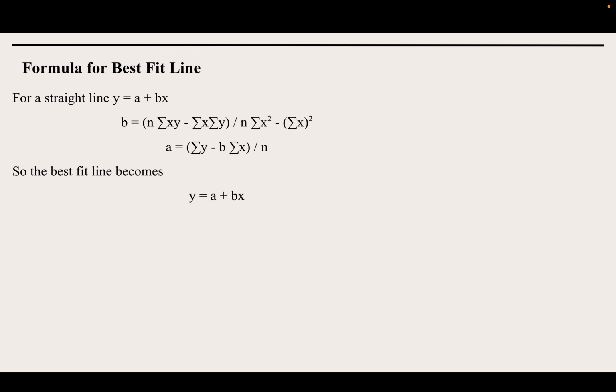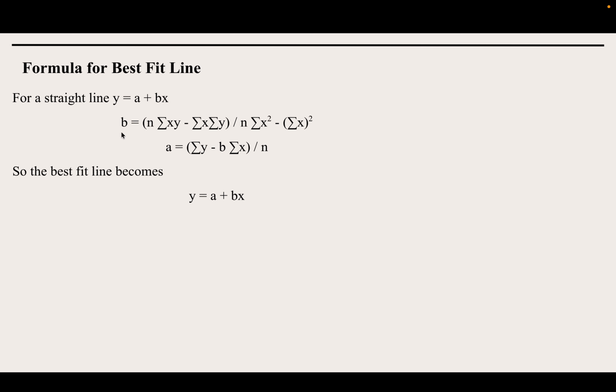Next, the best fitted line will lie on y = a + bx, where a and b are unknown. To find these a and b values, we have some formulas.